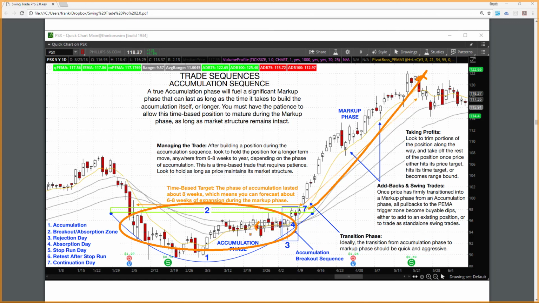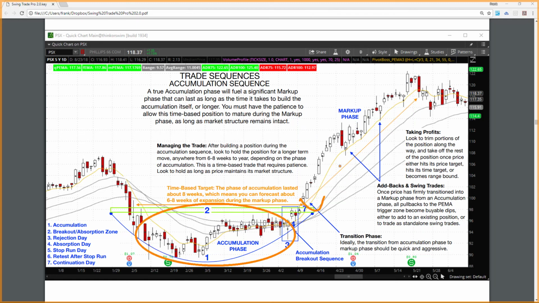And that's why I love a pattern of accumulation, because it can trigger a strong markup phase, and that markup phase can take, if this is 8 weeks of development, about 8 weeks of markup, give or take. And that has been a foundational concept that has stuck with me for 20 plus years in this business, and you see it over and over again.